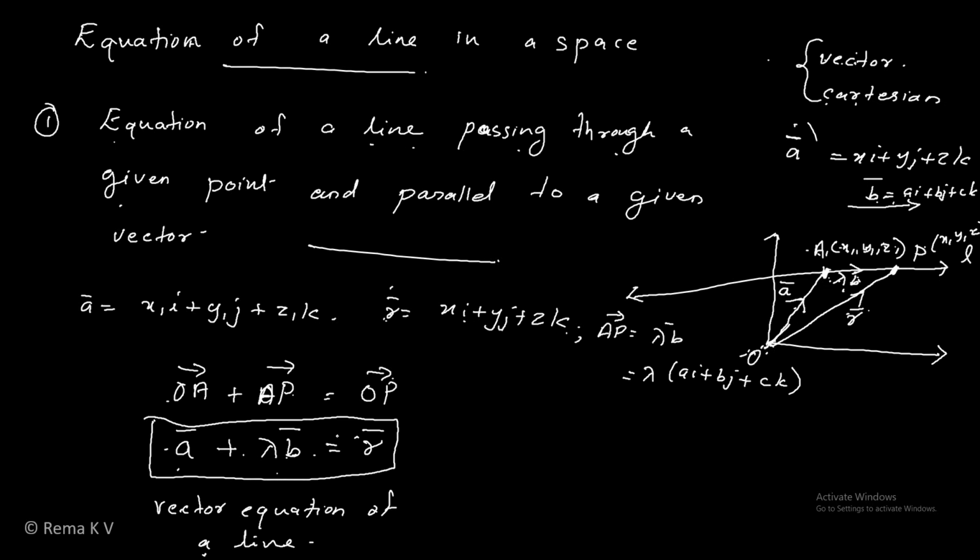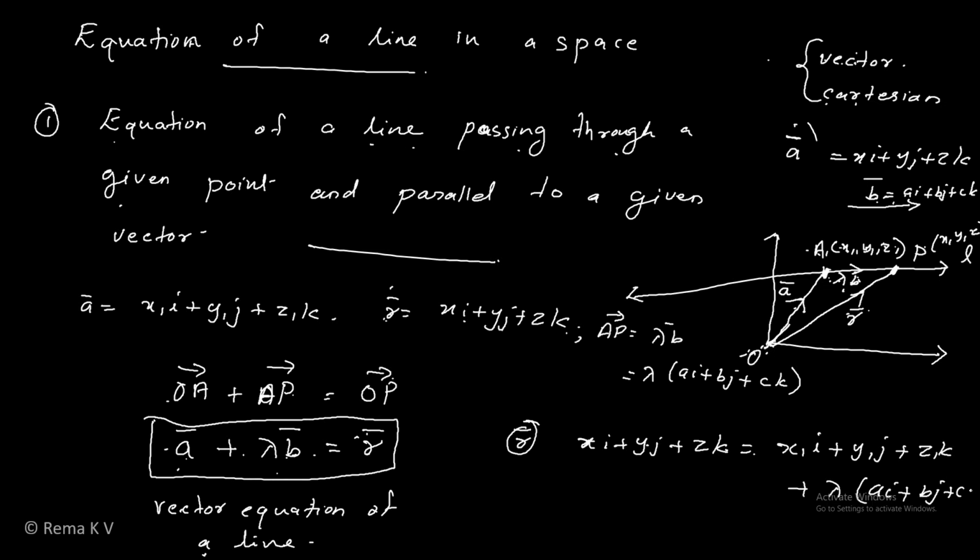And when we write this using the component form of these vectors, vector r can be written as xi plus yj plus zk. This is equal to vector a, which is x1i plus y1j plus z1k, plus lambda into ai plus bj plus ck.